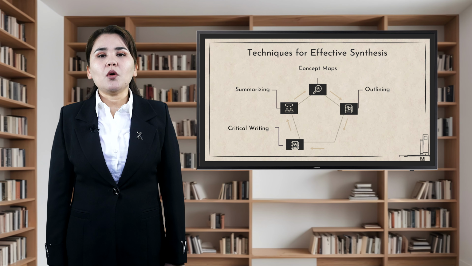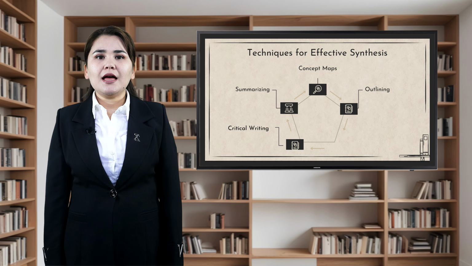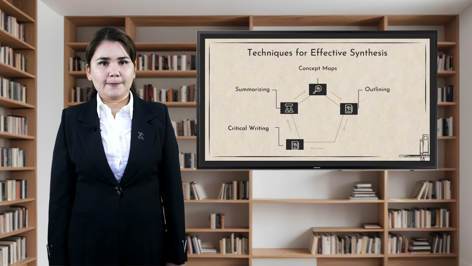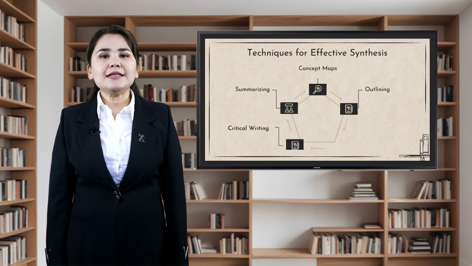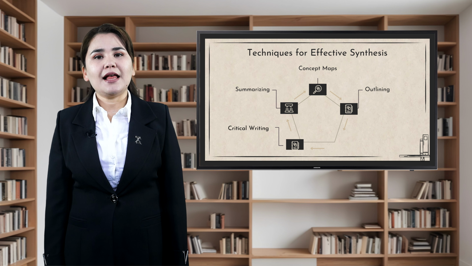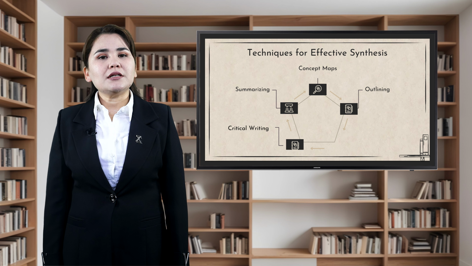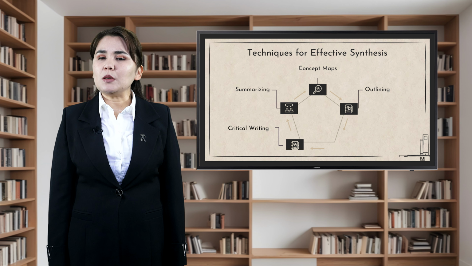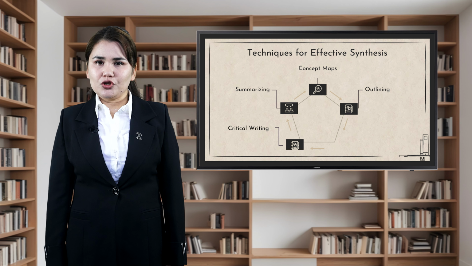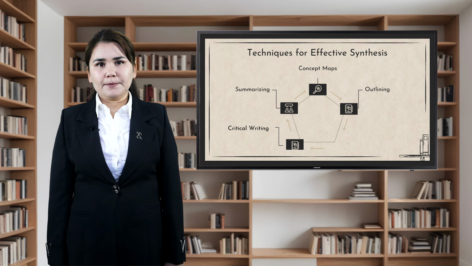In outlining, organizing information hierarchically in an outline format helps clarify how different pieces of information fit together. In summarizing, while synthesizing, focus on summarizing the essence of sources and their relevance to your research question. When it's about critical writing, when synthesizing, it's important to present a balanced view, critically engaging with each source rather than simply repeating what they say.